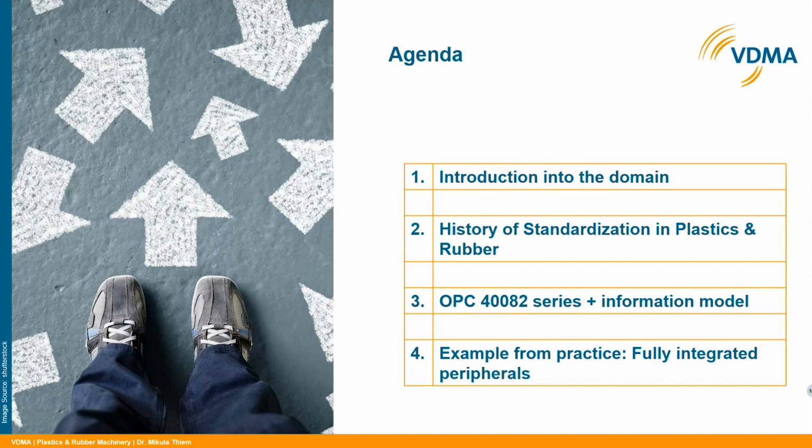After that, I will give you an overview about the history of standardization in this industry. Then we will have a detailed look into the OPC 40082 series and the information model. And after that comes Jürgen Peters from Arburg with an example from the practice about fully integrated peripherals with OPC UA. Now let's start with the introduction into the domain.